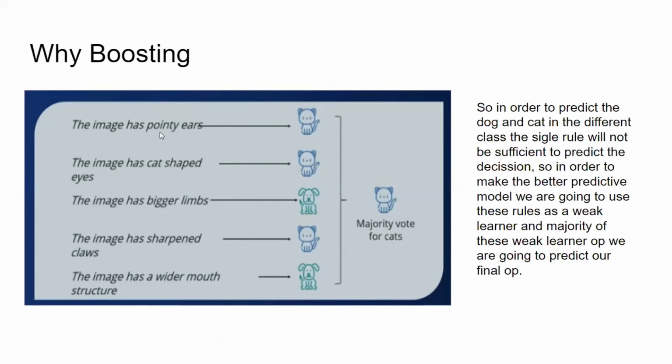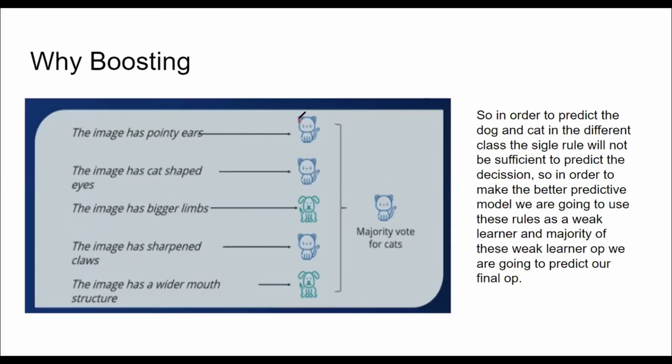The first rule: if the image has pointy ears, it's a cat, right? If any image has pointed ears, then it can be identified as a cat.